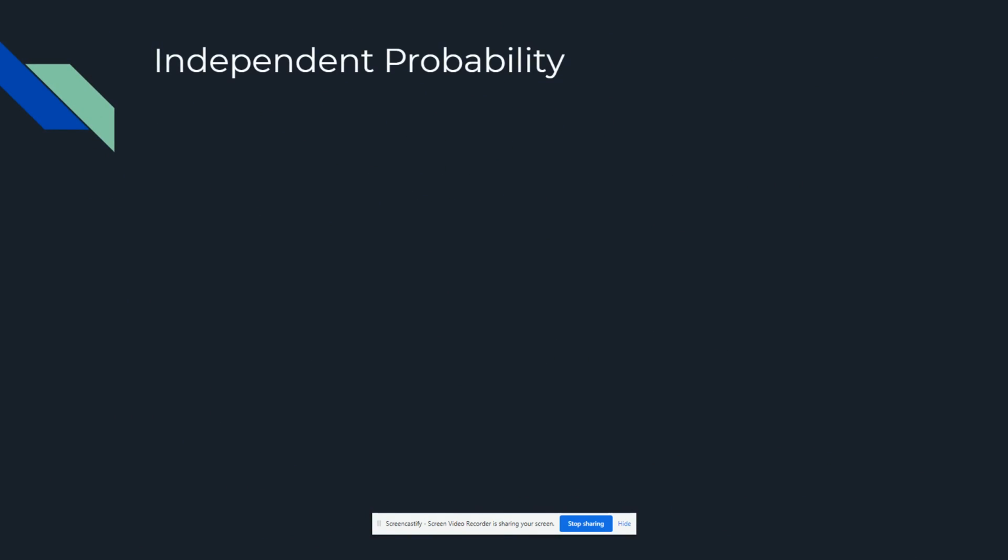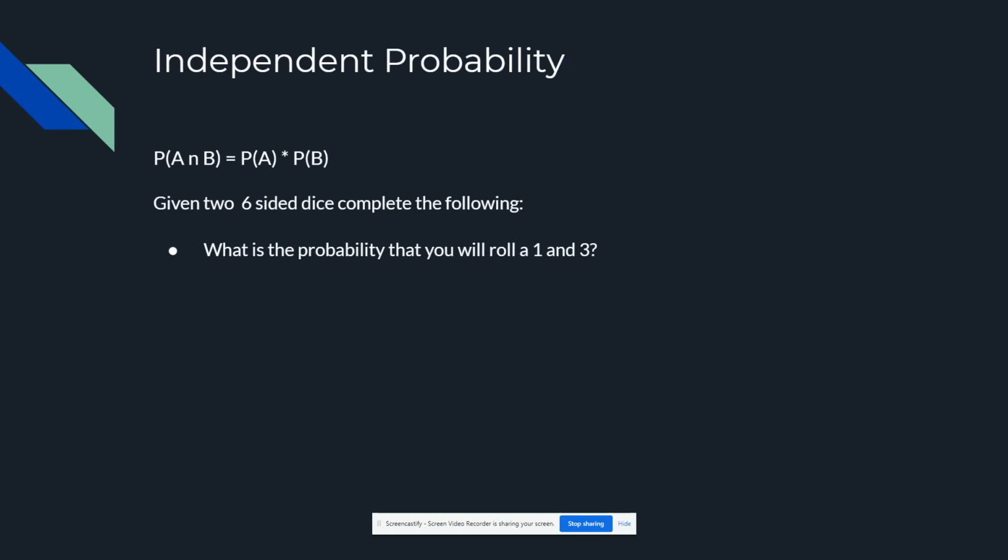An independent problem is solved by multiplying the probability of A and the probability of B. Here's our question. Given two 6-sided dice, complete the following. What is the probability that you will roll a 1 and 3?